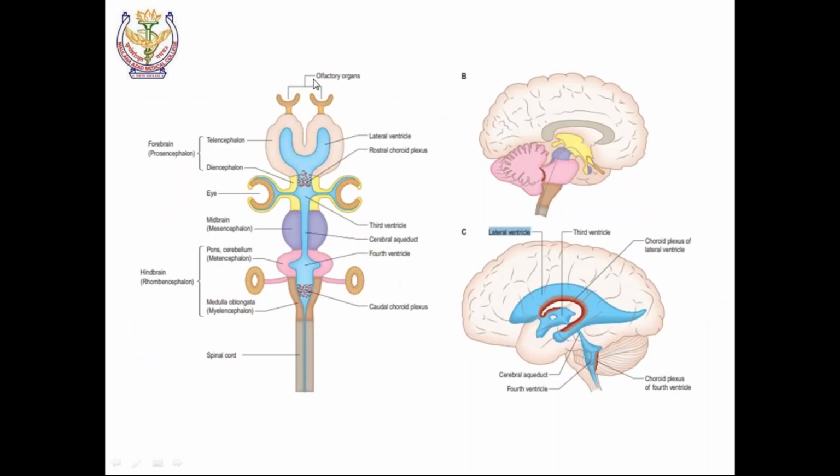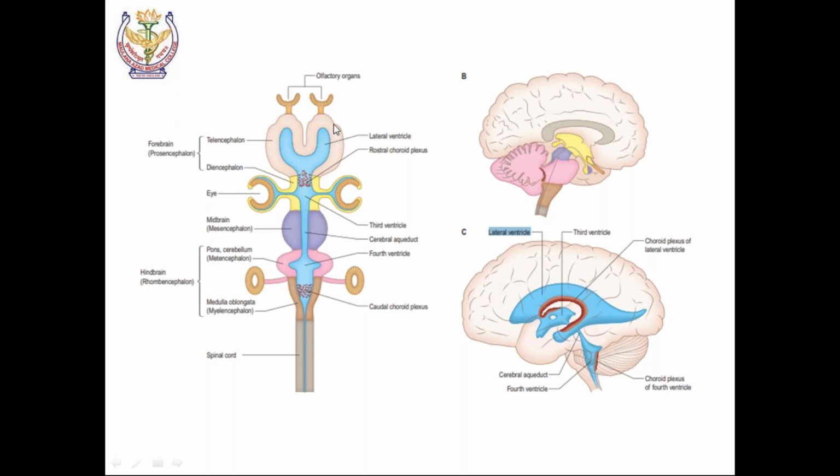see this diagram, which takes you back to what we call the neural tube. I wanted to talk to you about this diagram because I want you to understand how these cavities are connected with each other.